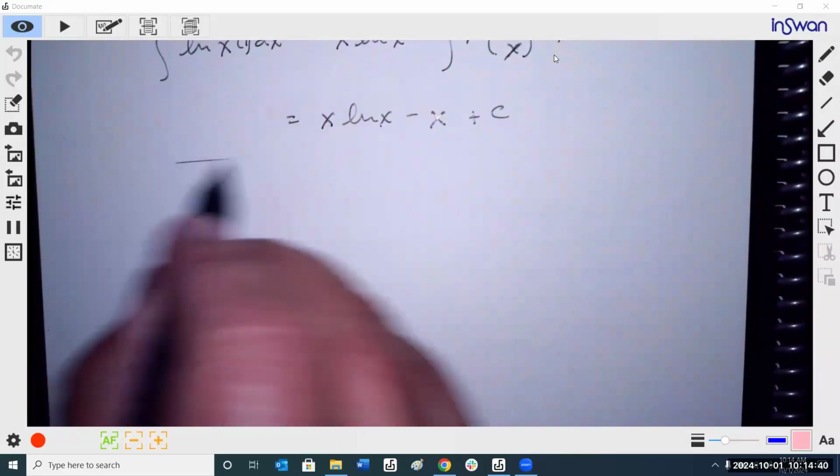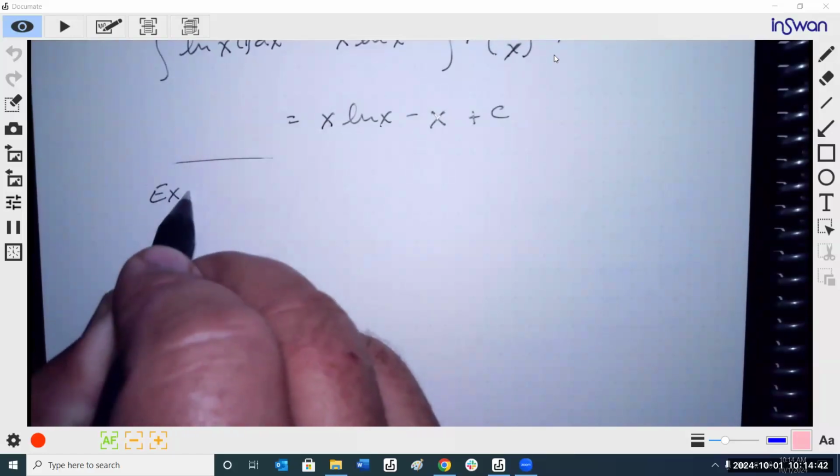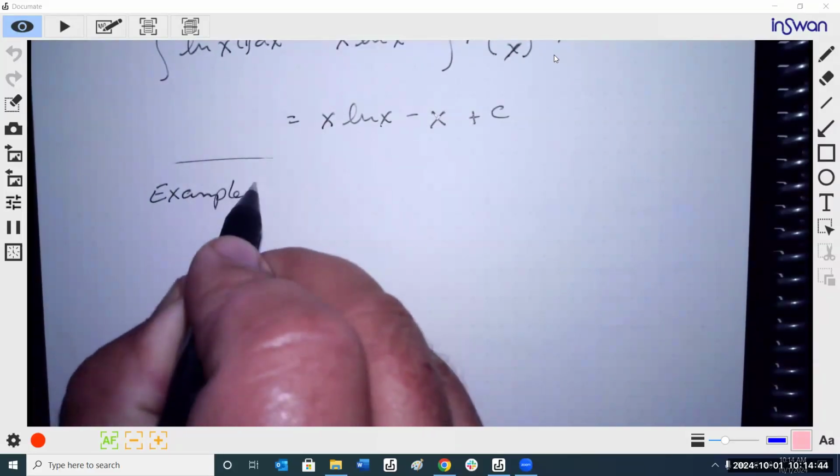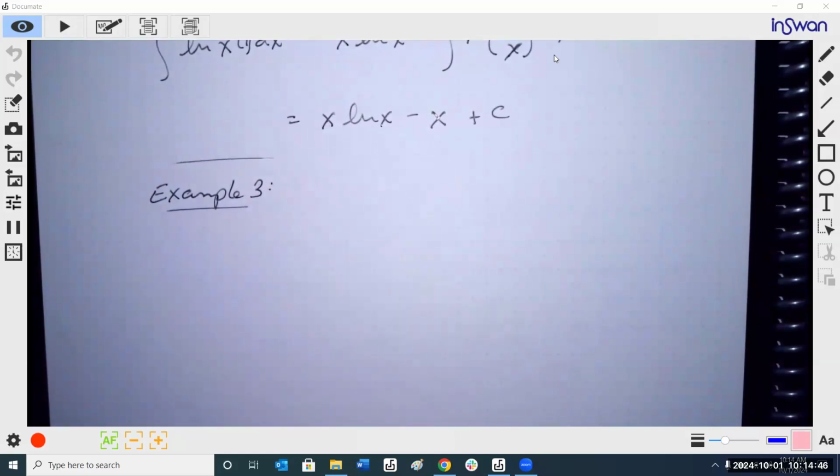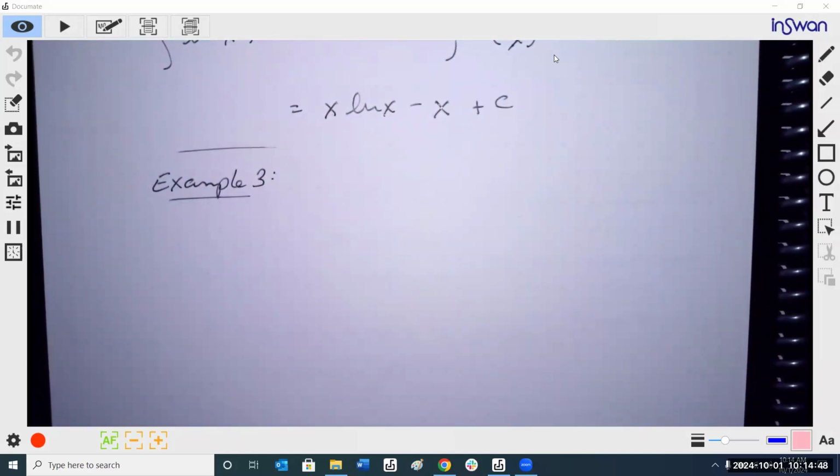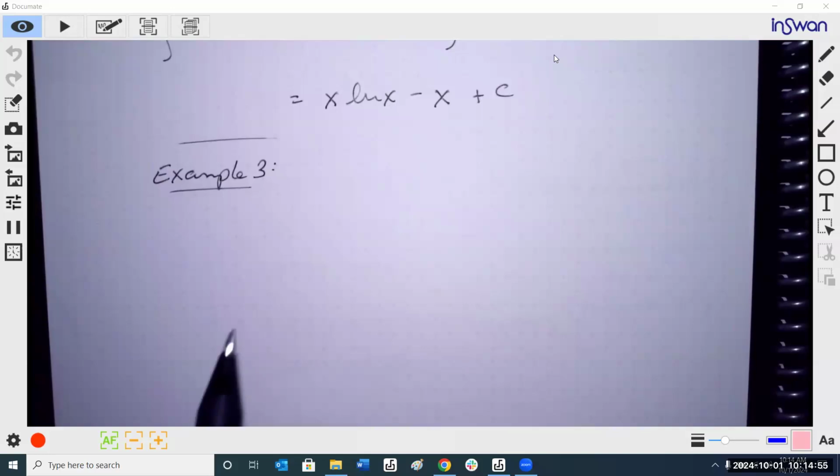Let's look at example 3. It's pretty much straightforward. Once you locate the u and v, it makes it our u v prime, I should say.